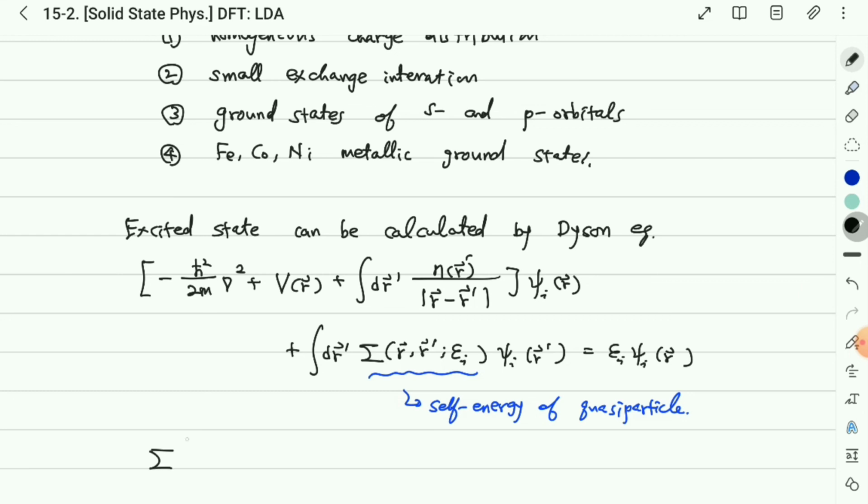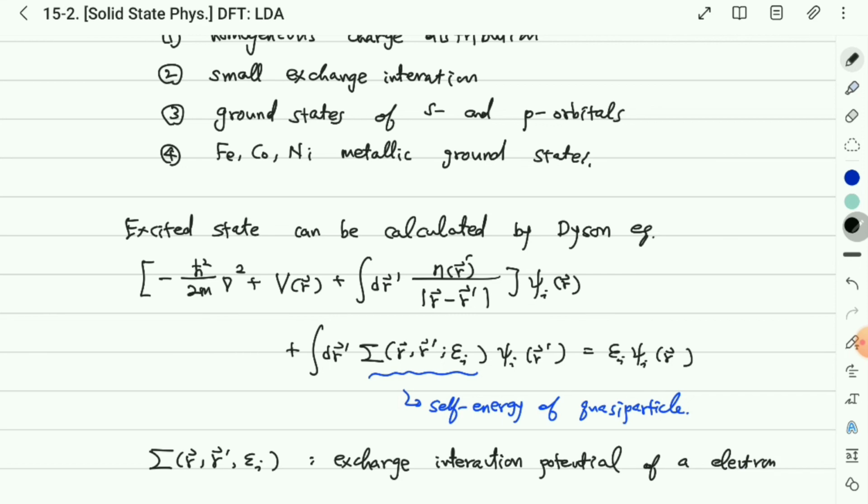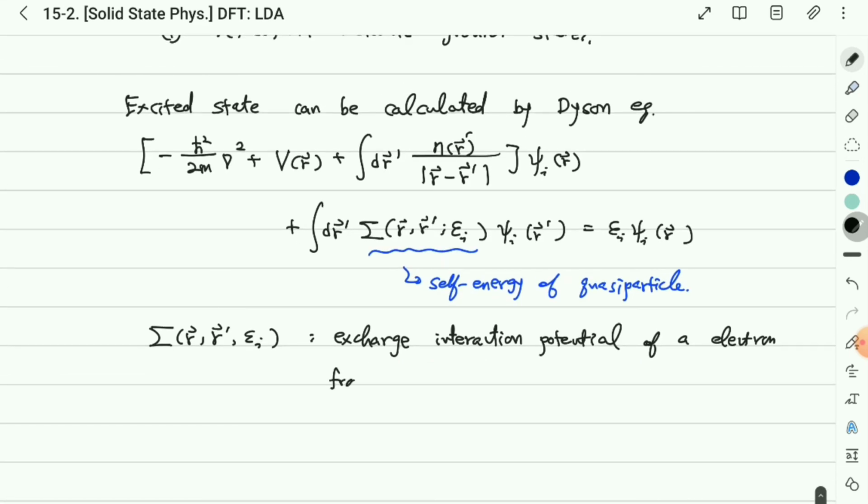The self energy is a function of r and r prime and epsilon_i, and it is a kind of exchange interaction potential of an electron from the other electrons. And this function makes it a non-local correlation.